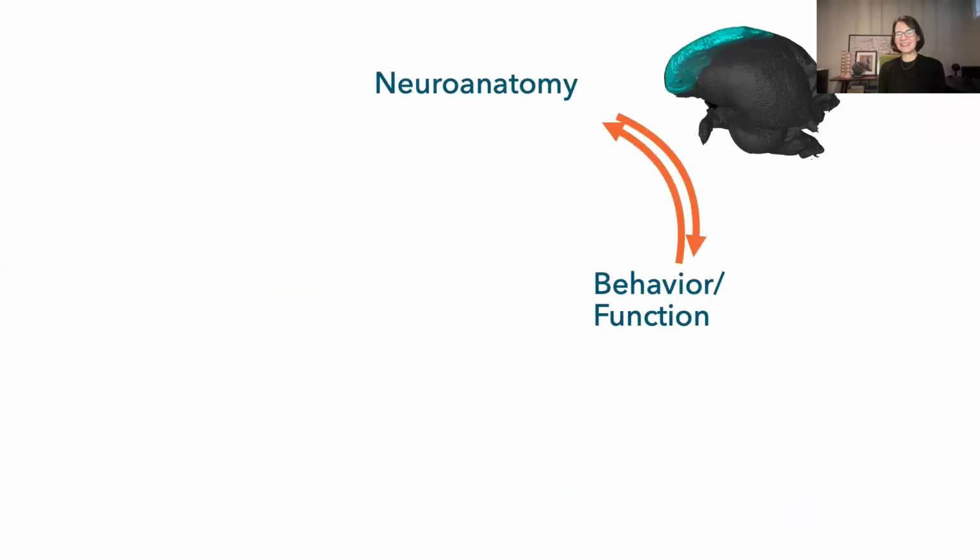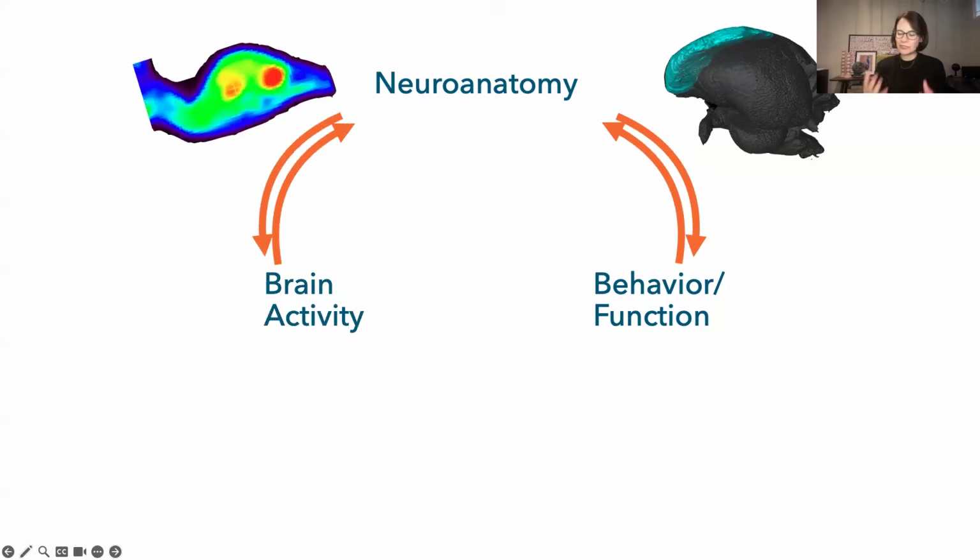There we go. So, my lab is basically trying to understand the relationship between the structure, the neuroanatomy of the brain, integrating that with more experimental data about how animals are actually using their brains during functions or behaviors.